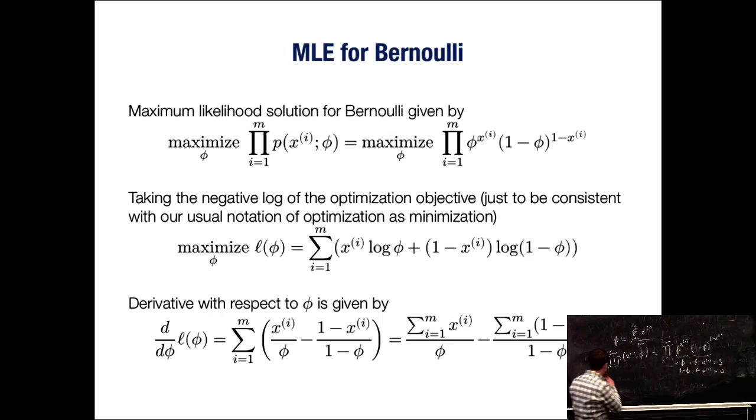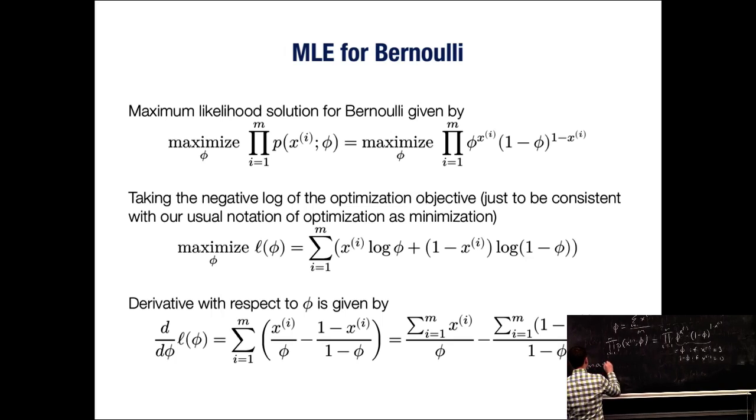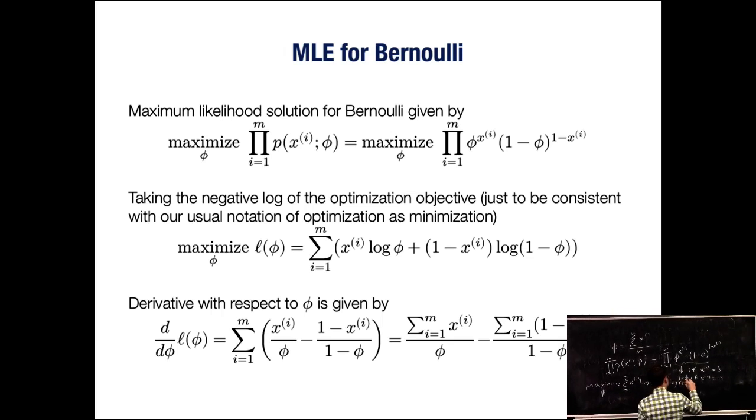Now I want to maximize over phi the sum from i equals 1 to m of the log of that, which is going to be xi log phi plus 1 minus xi log of 1 minus phi. And I want to maximize this whole thing over phi.